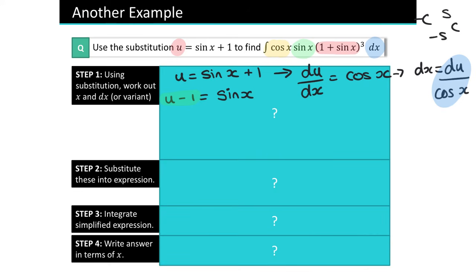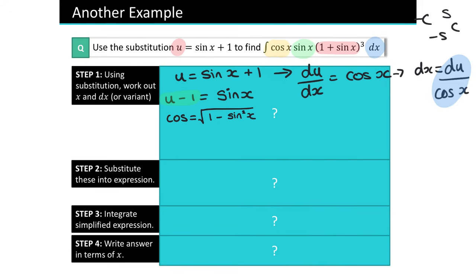What do I know that relates sine and cosine? Come on. Cos squared plus sin squared. So I know that cos equals the square root of 1 minus sine squared.